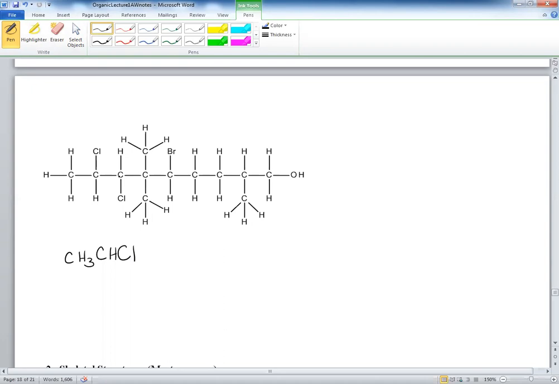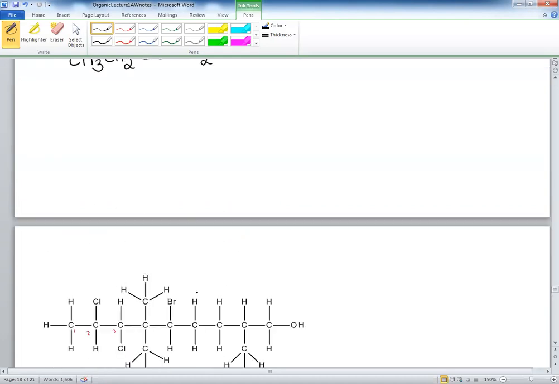Next would be also a C with an H and a Cl, so it's kind of like a repeat. So I'm going to number them 1, 2, 3, 1, 2, 3. Careful not to number the chlorines. And then we have a C, and they said something about parentheses.